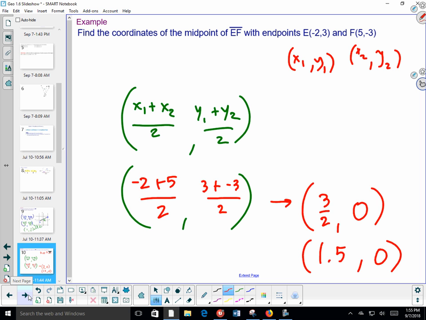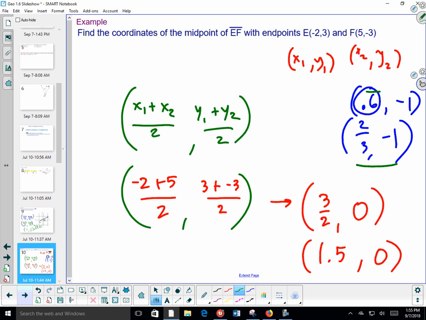If it turned out that something was like 2/3 comma -1, I would not like you to say 0.6 comma -1, because this is not equal to 2/3. It's not exact. It would be 0.6 repeating, which might be okay, but I'd rather you use the fraction.